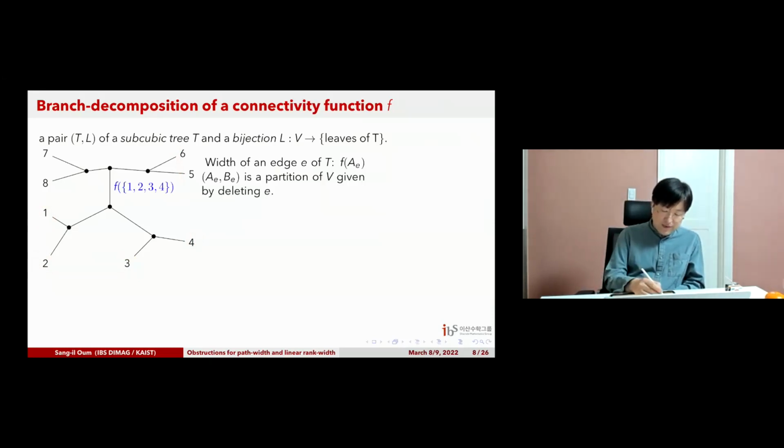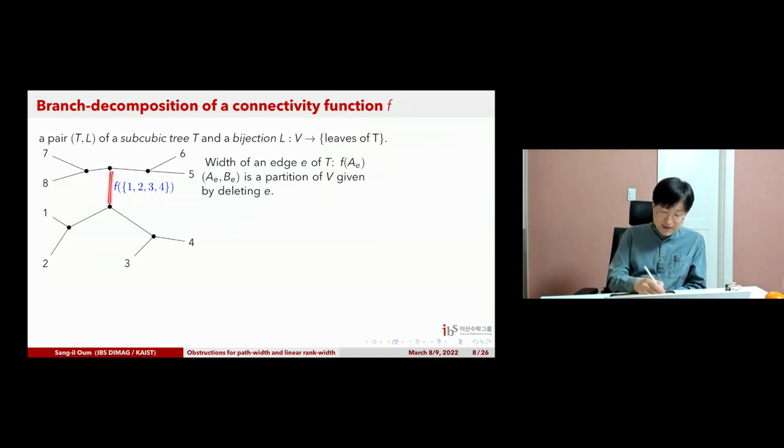For every edge, I have a canonical partition of the ground set V: when you delete it, you have two components. One side is, let's say, 1, 2, 3, 4, and the other side is its complement. The width of an edge is f of this value, where A_e denotes one part. It doesn't matter which side you take because this function f is symmetric.